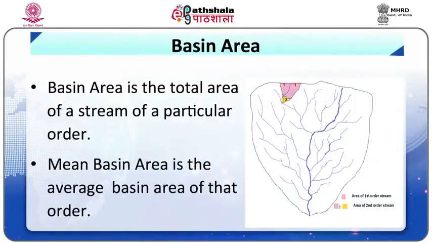Basin area is the total area of a stream of a particular order. Mean basin area is the average basin area of that order. Basin area ratio is the ratio between the mean basin area of a particular order and the mean basin area of the previous lower order.